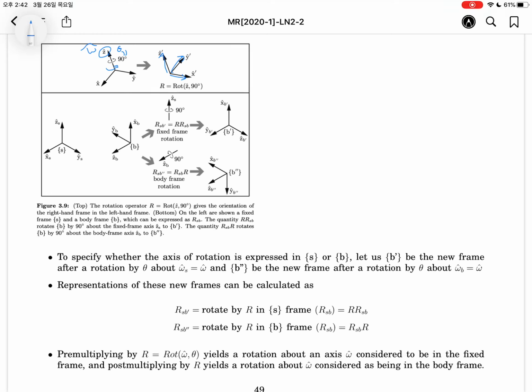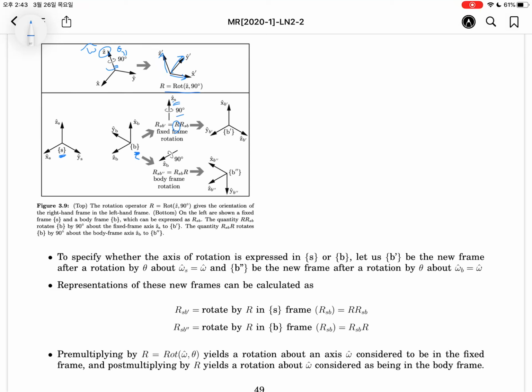Okay, for a given rotation matrix, let's apply another rotation, front side or back side, pre-multiplication or post-multiplication. This is the space frame, and this is the body frame attached to the center of mass of the rigid body in the normal case. In here, let's multiply the rotation matrix. The rotation matrix acts like a z-directional axis by an amount of 90 degrees.